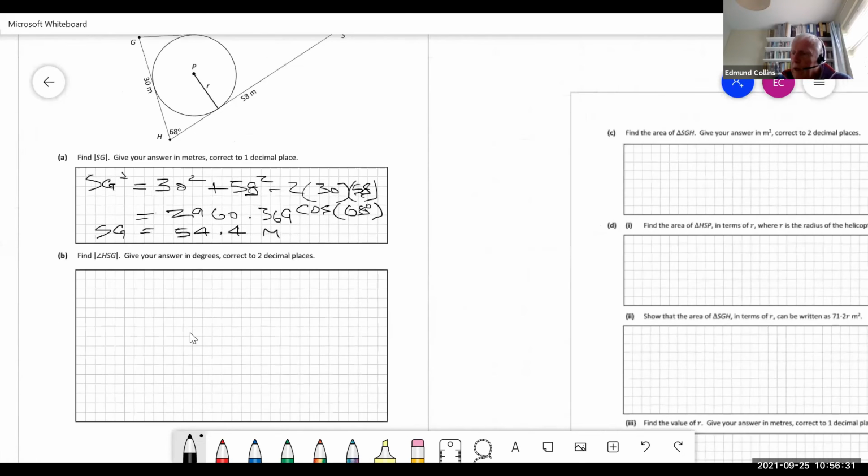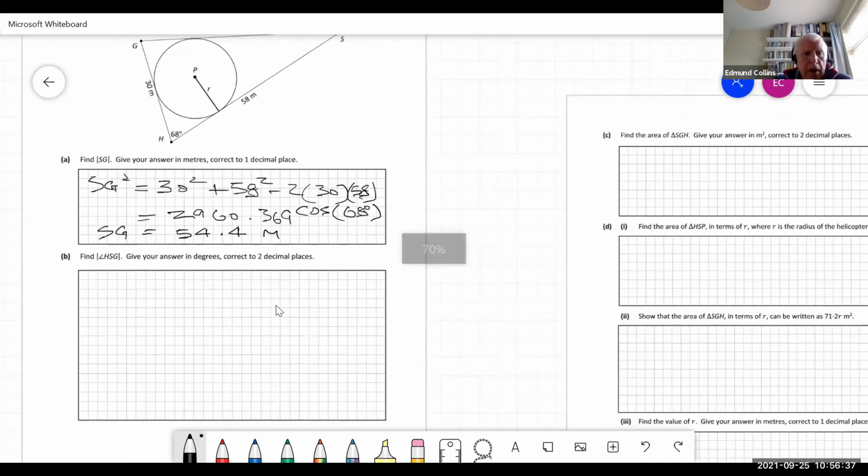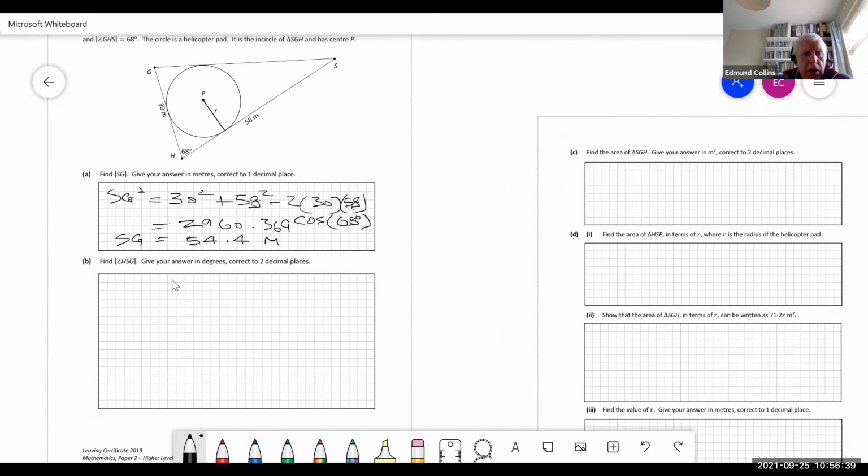So the next part, again, you're using what you've already found, the information, to find the solution to the next part of the question.